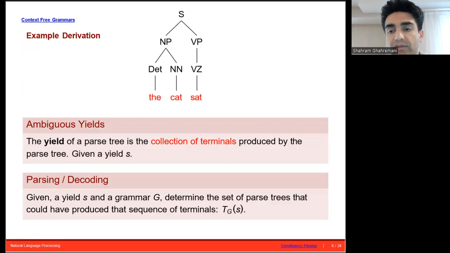What we actually want to do in practice, however, is given a grammar and a yield, we want to determine the set of possible parse trees that could have produced that sequence of terminals, and we will call this the set TG of S.